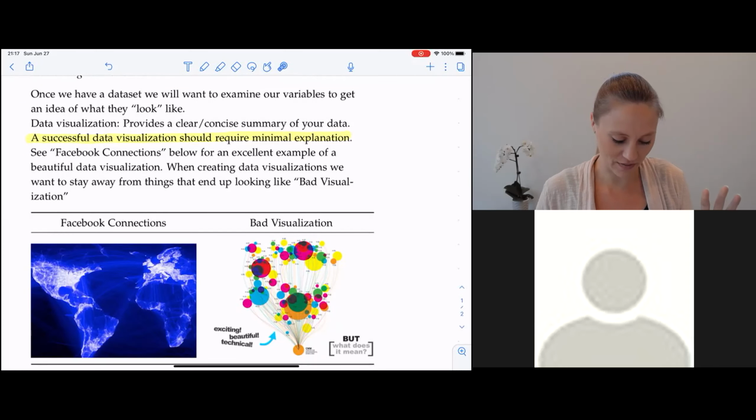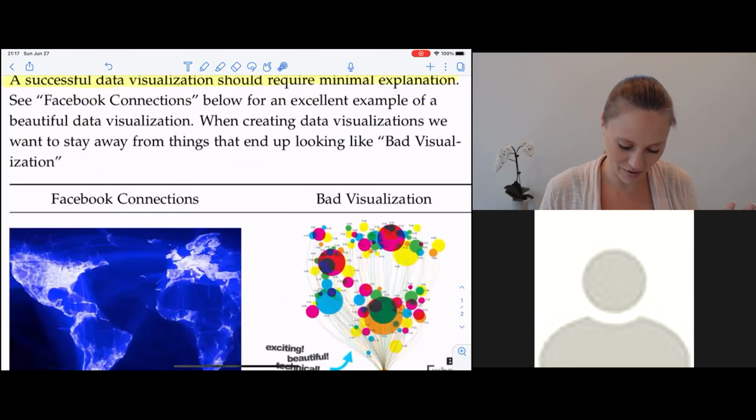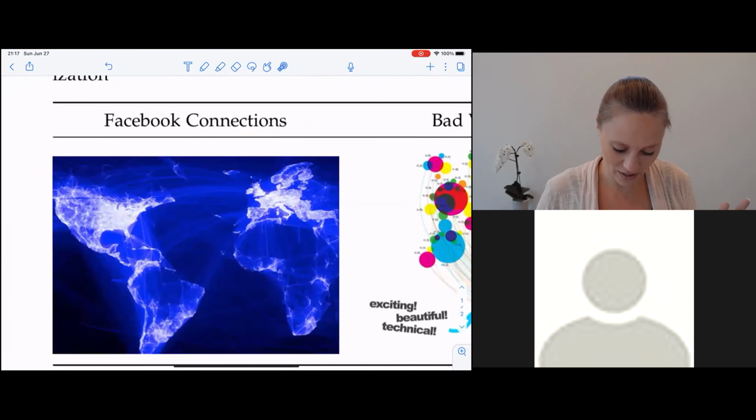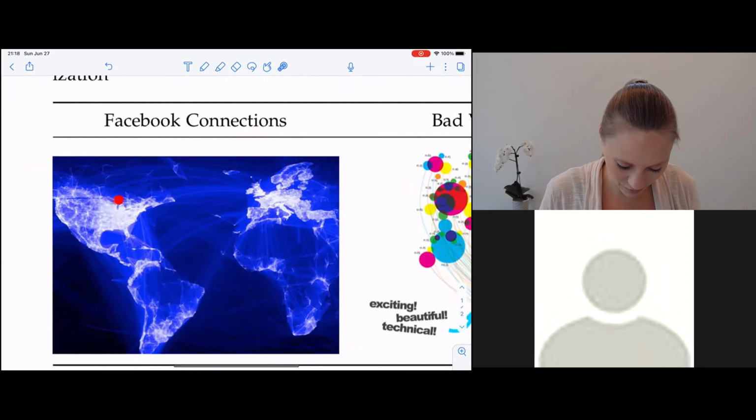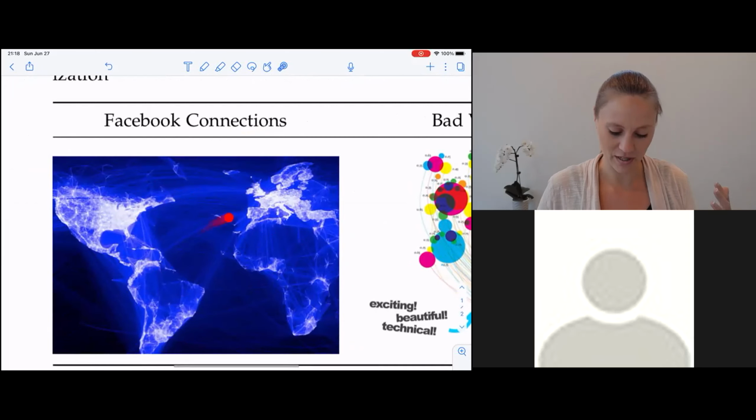So I've got an example of good data visualization, or data viz, as we call it in the biz. I've got this one, it's just called Facebook connections. The people at Facebook and Twitter and so on are doing really cool stuff, so of course they've got this beautiful data visualization of Facebook connections.